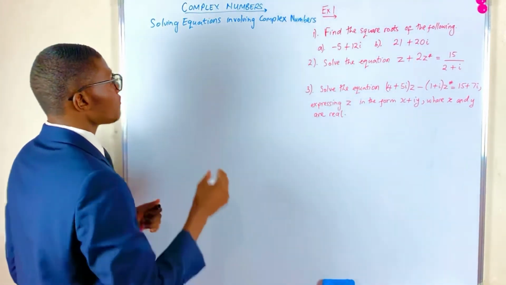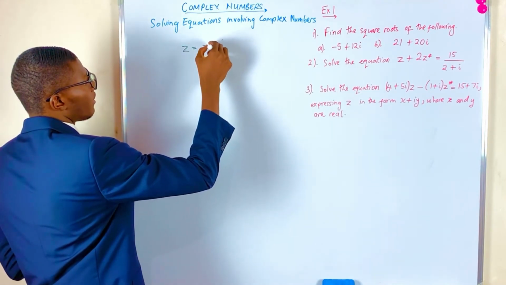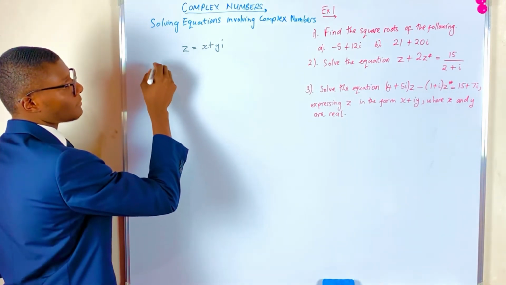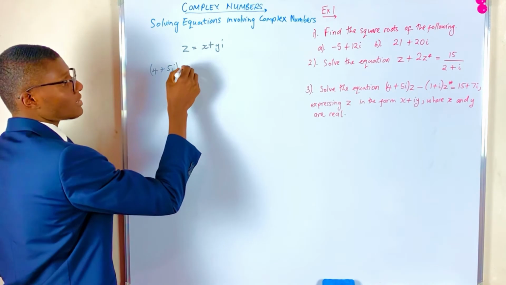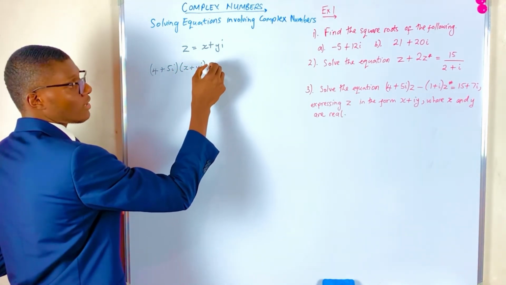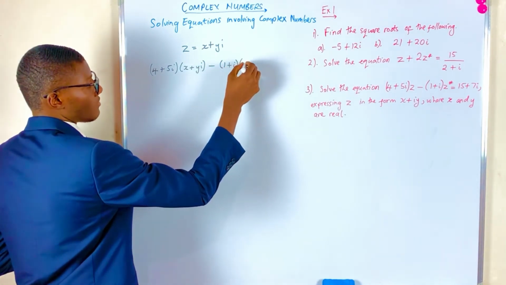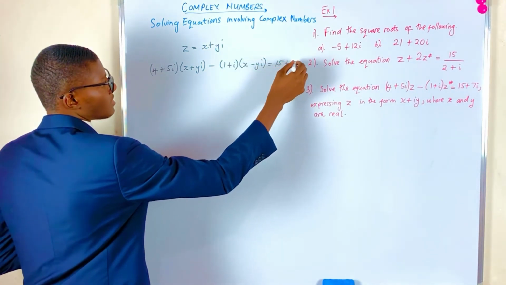So if we let z be x plus yi, we're saying (4 plus 5i)(x plus iy) minus (1 plus i)(x minus yi) is equal to 15 plus 7i.